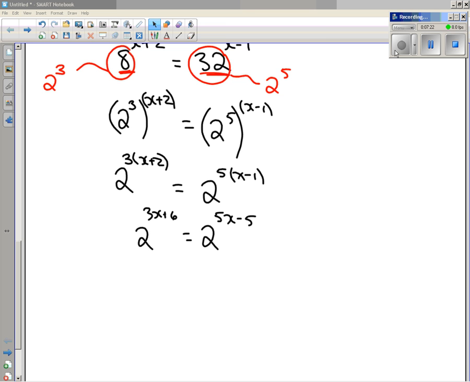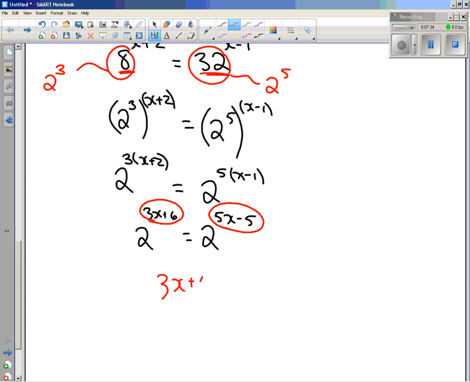Okay, so from here, 2 to the power 3x plus 6 equals 2 to the power 5x minus 5. For those to be equal, 3x plus 6 has to equal 5x minus 5. Okay, if the exponents aren't equal, there's no way that 2 to those exponents are going to be equal. So we set those equal to each other, and now we can just solve them.